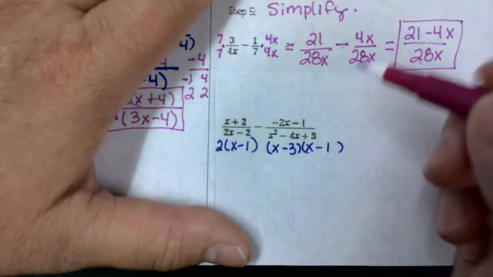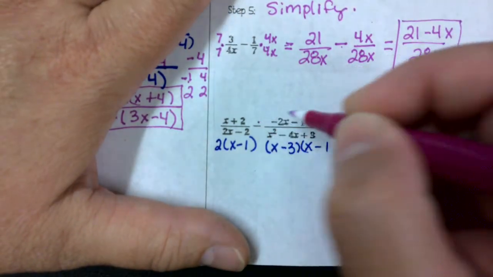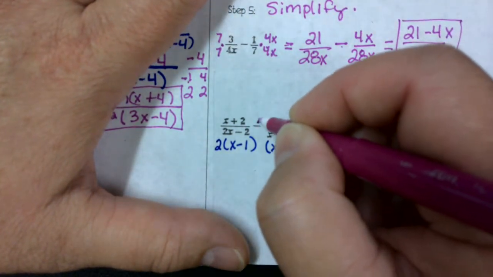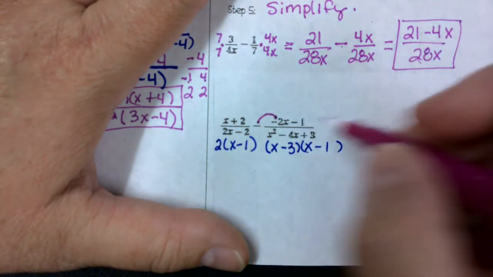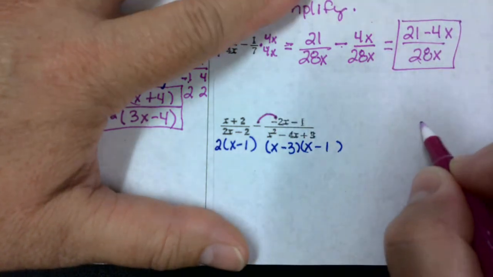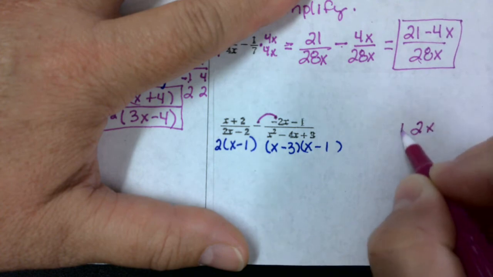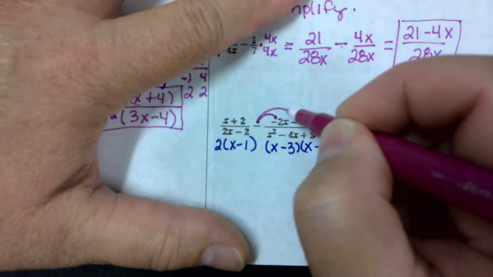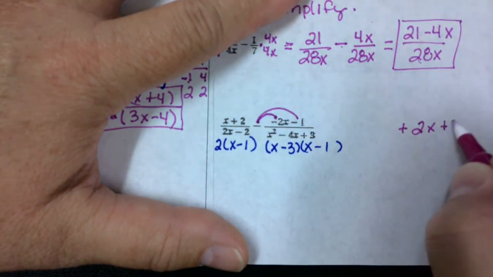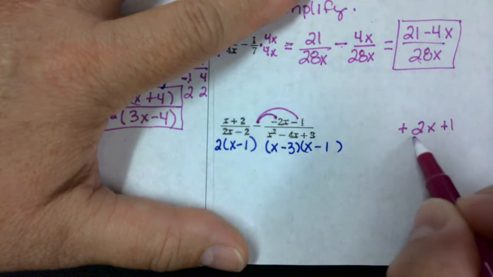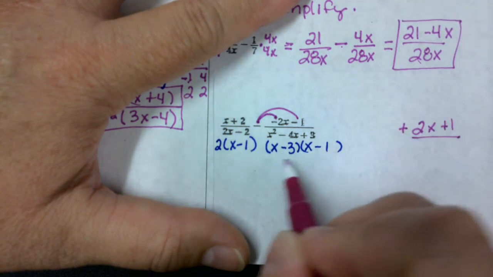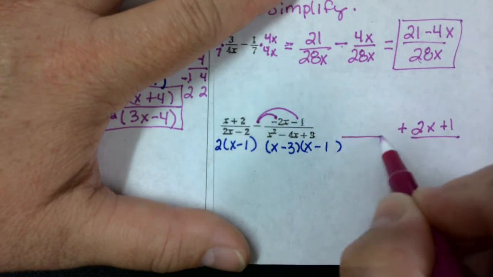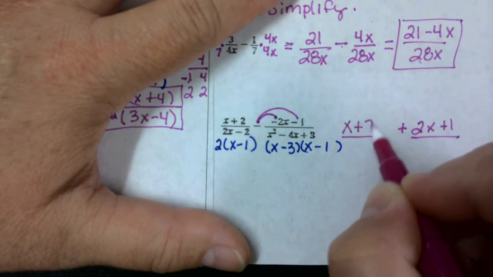And I also need to remember that I have to distribute. So here's where it really makes a difference. I am subtracting a negative 2x, which is plus 2x, and I am subtracting a negative 1, which is plus 1. Okay? So here are my numerators.